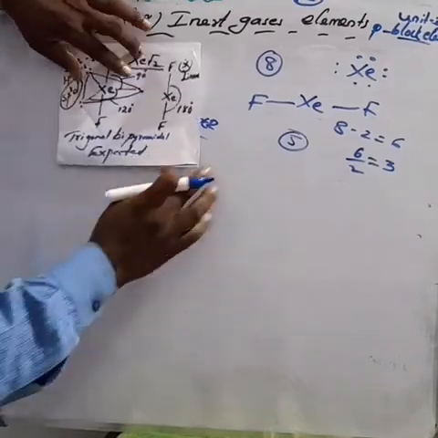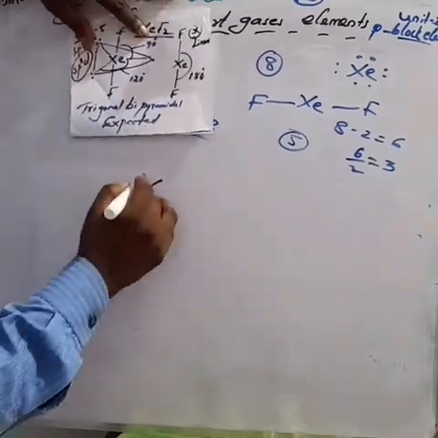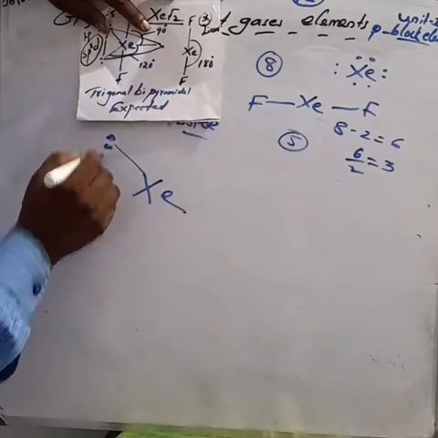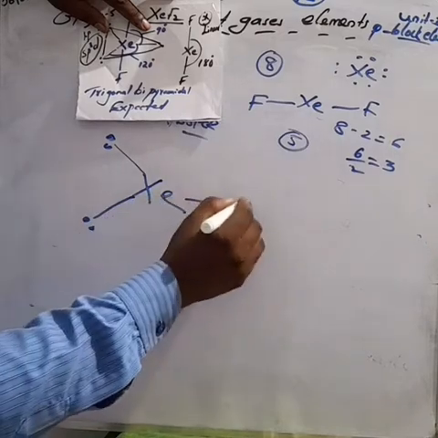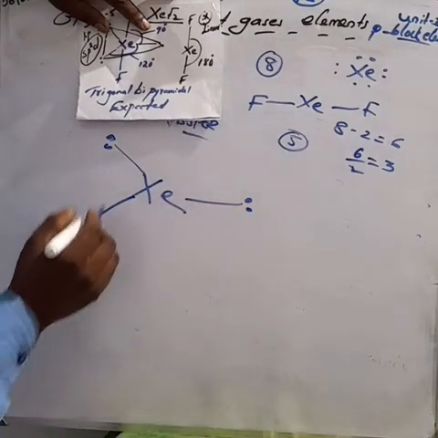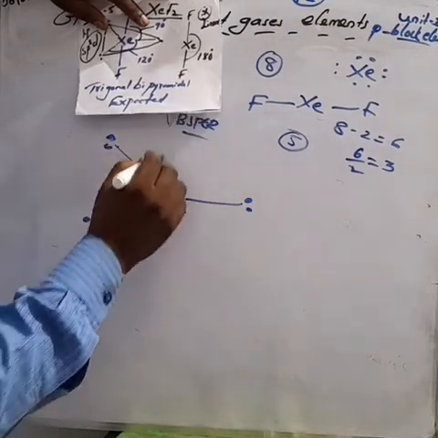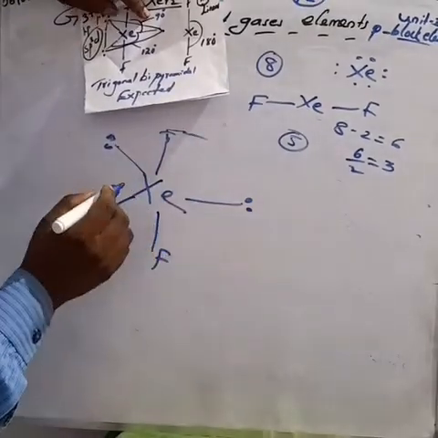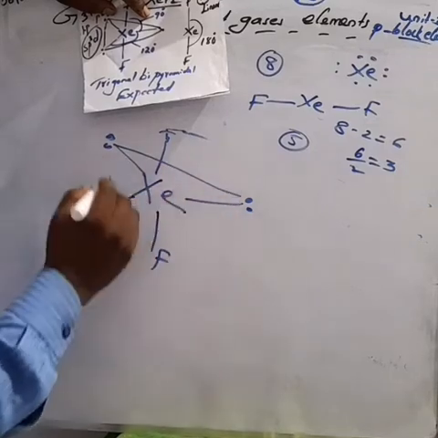First I am drawing xenon, Xe. Here one lone pair, here one lone pair, here one lone pair. How many fluorines are attached here? 2 fluorines, 1 fluorine, 2 fluorines. What is the angle here? This fluorine to xenon is 90 degrees. What about this angle, fluorine to xenon?